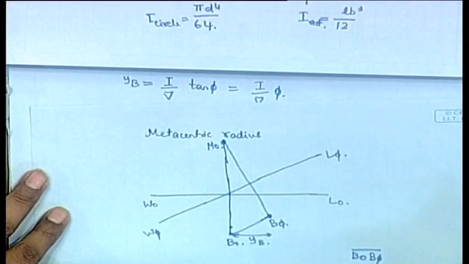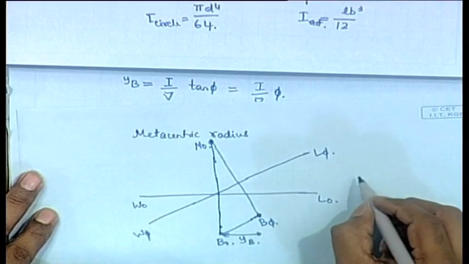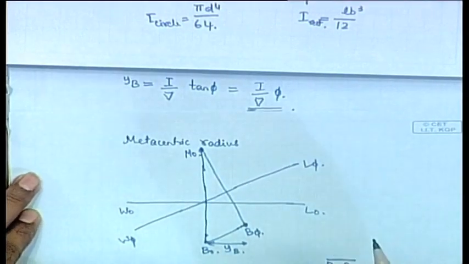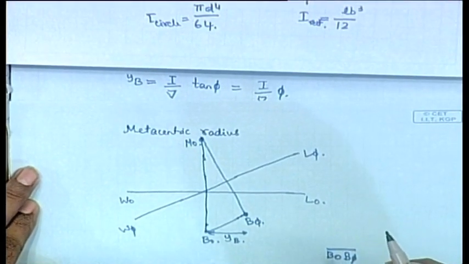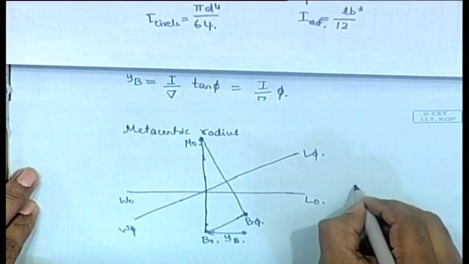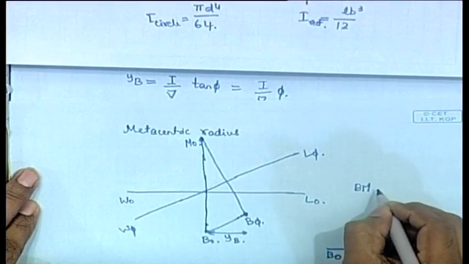Again, this is not an accurate derivation, because this is true only if phi is very small.